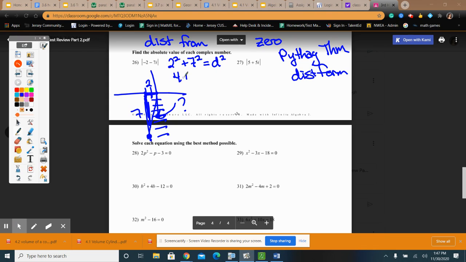That's 4 plus 49 is the distance squared. 49 plus 4 is 53. So get d all by itself by square rooting. You square root 53, and the square root of 53 equals d. So the absolute value of that is the square root of 53.